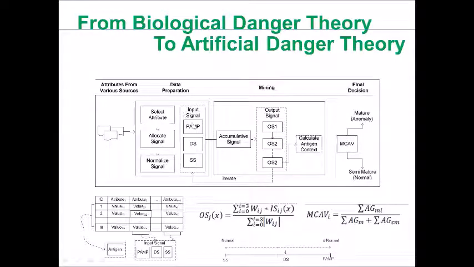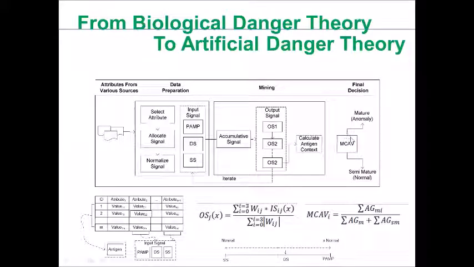Our input is based on these three inputs, the signals PAMP, danger signal, or safe signal, together with the antigen information. So it will accumulate the signal and produce an output. At the end, it will calculate the antigen contact. We call it the multi-contact antigen value.